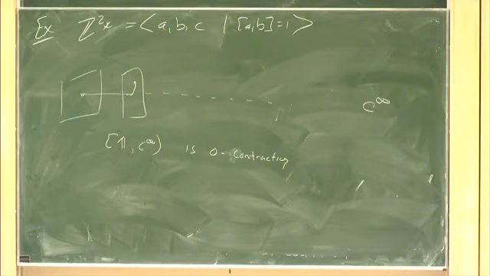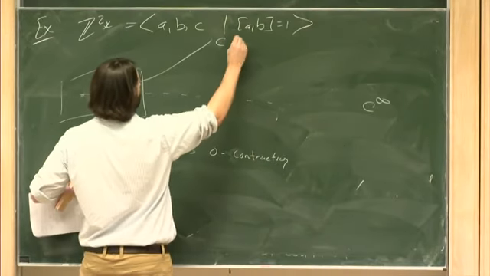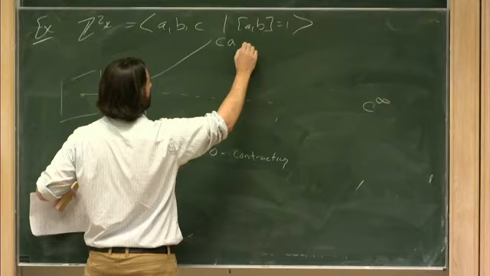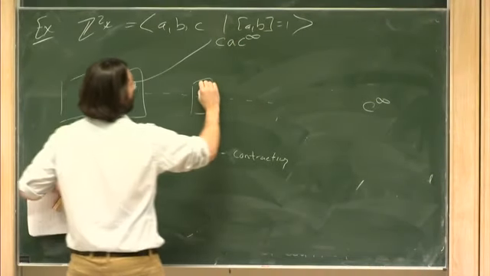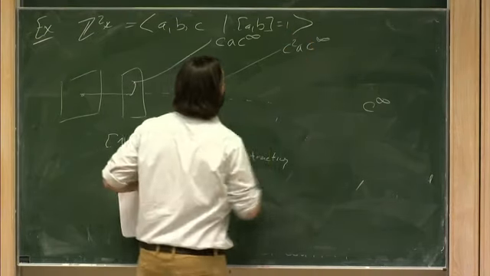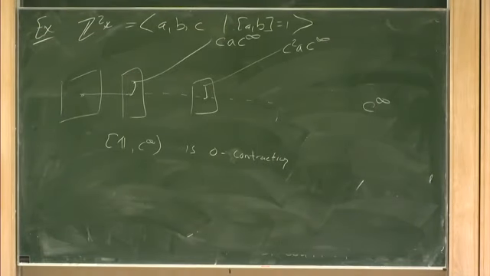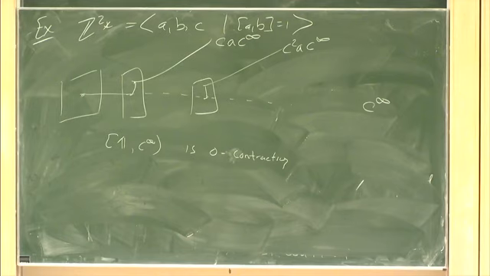But then you return to just traveling along C. So this point is like, say, C A C infinity. And this point is C squared A C infinity. Okay, these are also contracting rays. They're one contracting because I spent distance 1 living in one of the flats, and the rest of the time I spent in the hyperbolic directions.